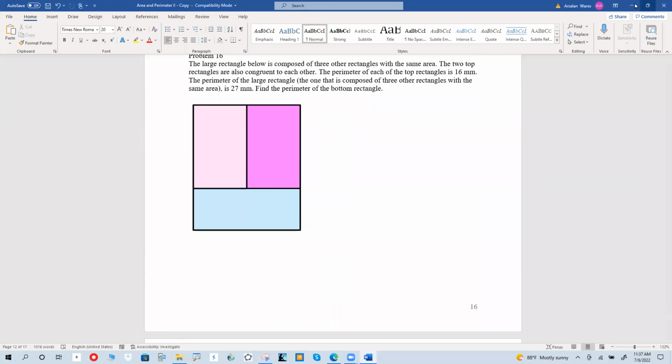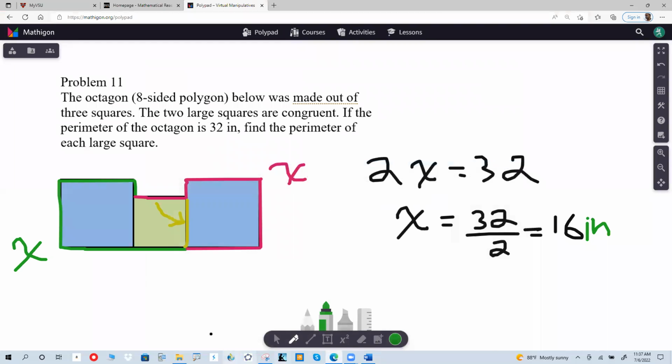Yeah, 16, that's correct. So what did we learn? I don't even have to know the perimeter of the little green square in between. When I sandwich a little square between 2 big squares, like we did in this picture, the blue square will have a perimeter that's going to be exactly half.